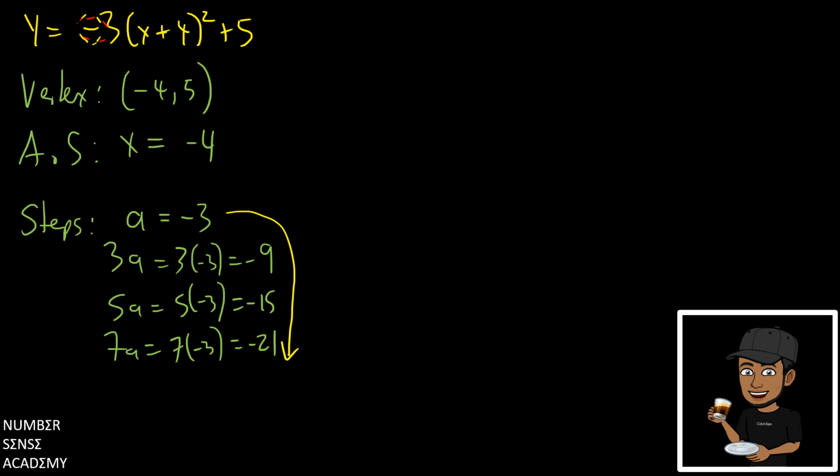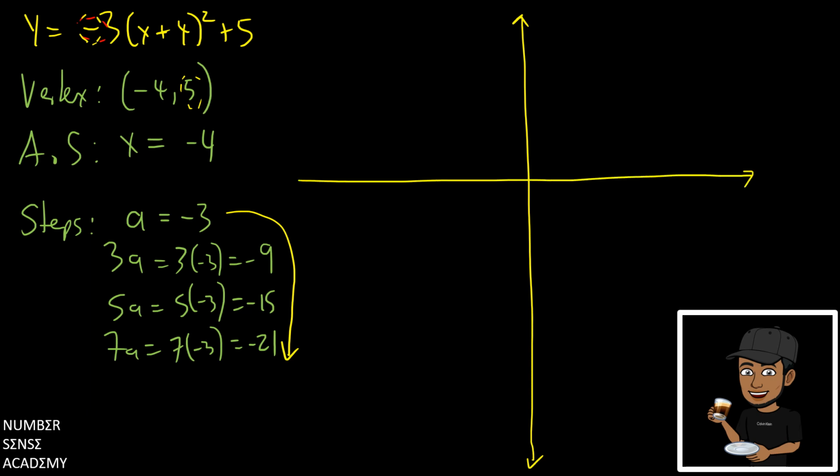So let's come up with our graph and start doing some work here. So I know that I'm starting at positive 5. So I want more room on the bottom of my graph than I want on the top. Y, x, so I have positive 5 there. 1, 2, 3, 4.